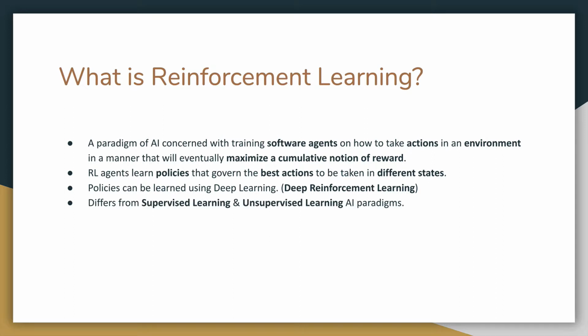Okay, and reinforcement learning differs from supervised learning and unsupervised learning AI paradigms. They are different in the sense that mostly supervised learning has to do with building classifiers or regressors. And what this means is that you have to initially get a set of labeled data, which can be quite tedious to come up with.